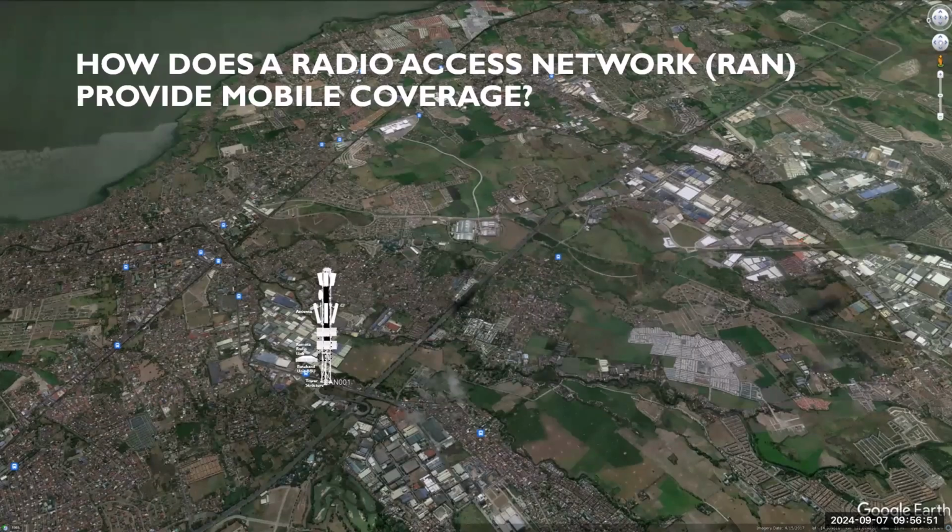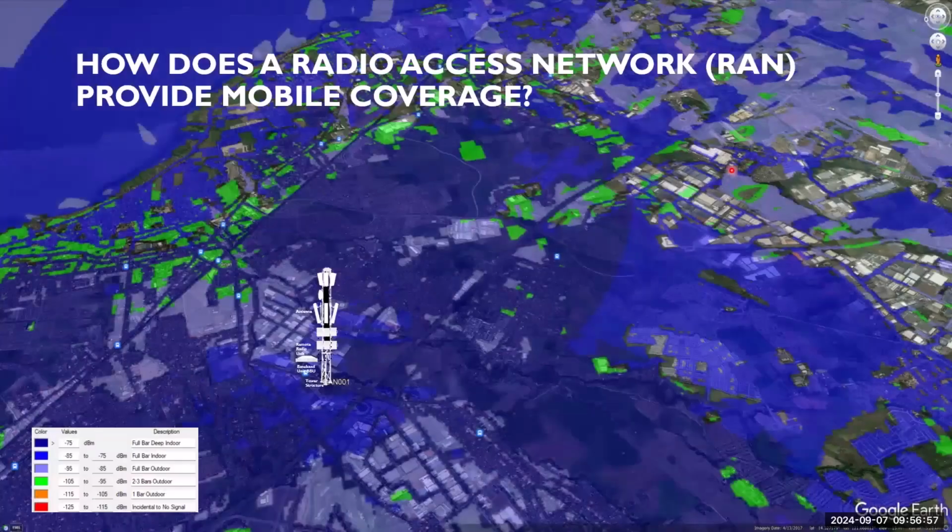Once we build it, once we fire it up, you will see that previously there was no coverage and now the area will have coverage. You will see here the different color schemes. Full bars when you are in dark blue, full bars even inside your house, and you will also have full bars outside your house.